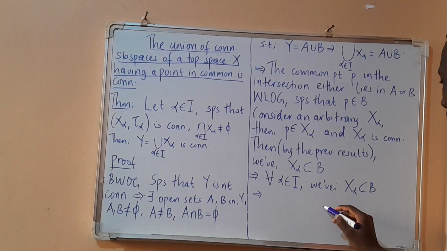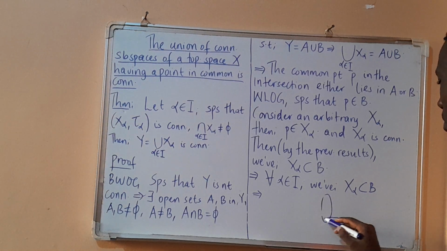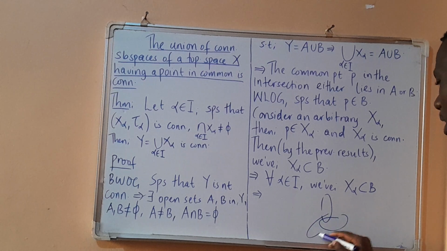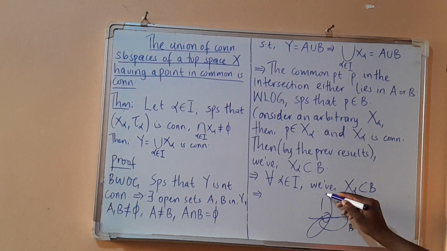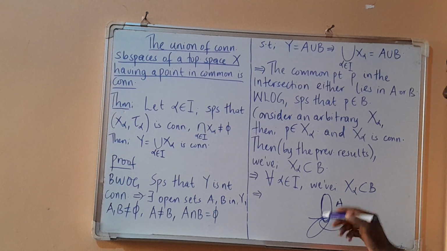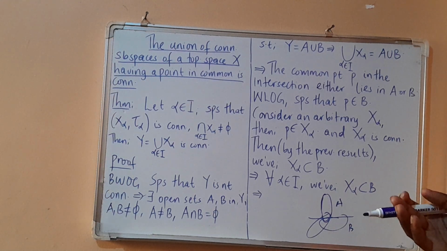It's like we had something of this sort, then we separated it into A and B. Remember, these X alpha 1, alpha 2, alpha 3 have a point in common.